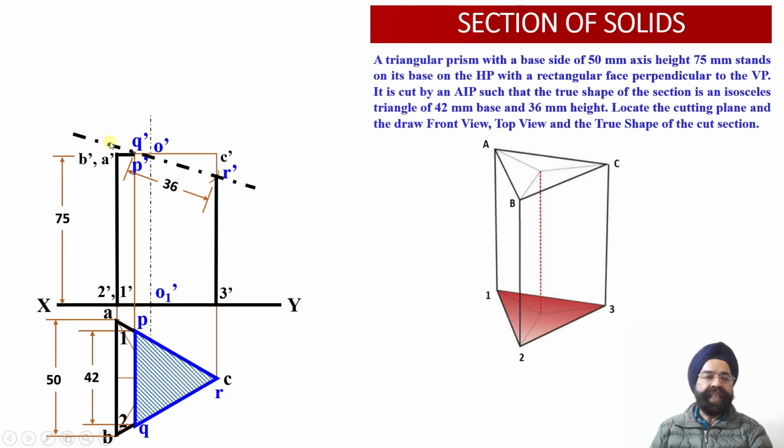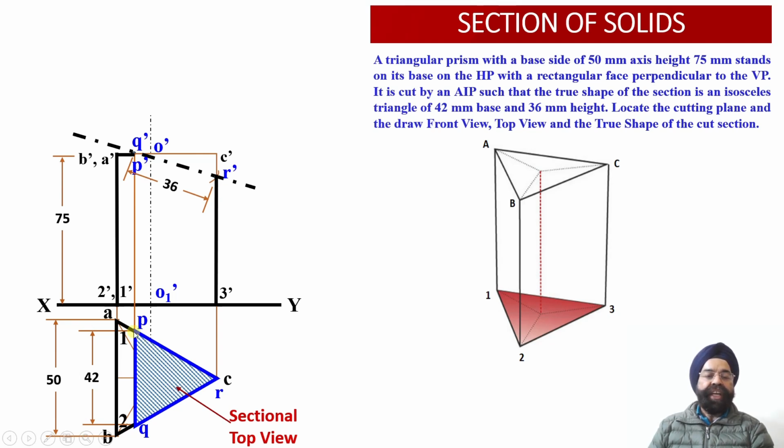Now since this AIP happens to be inclined with respect to the horizontal plane, the projections of the sectioned portion, that is P dash, Q dash and R dash, which will be obtained in the top view projections, will not represent the true shape projections of this particular cut solid. So we are going to get the top view projections corresponding to the section solid as P, Q and R, and we have carried out the shading of this portion because it is the cut section.